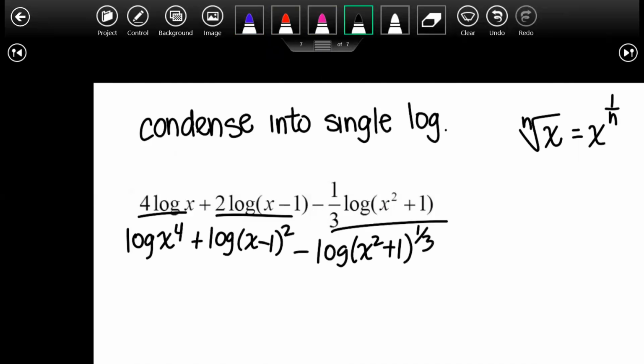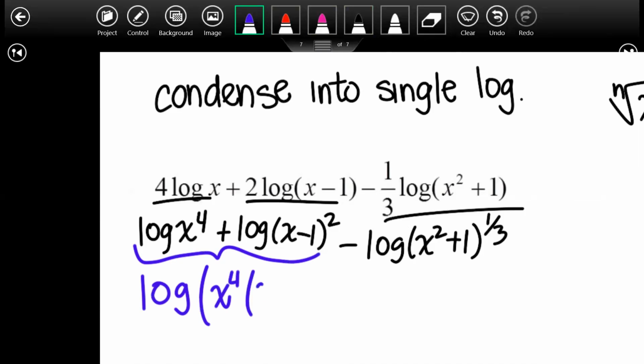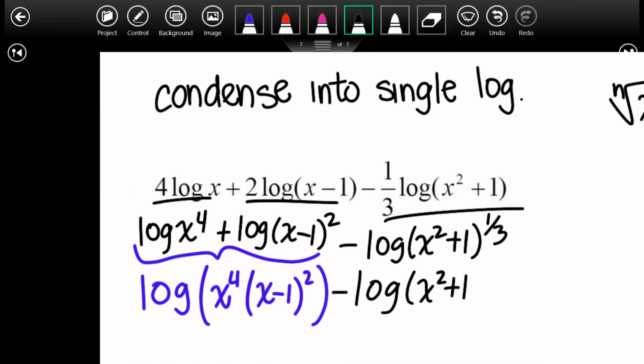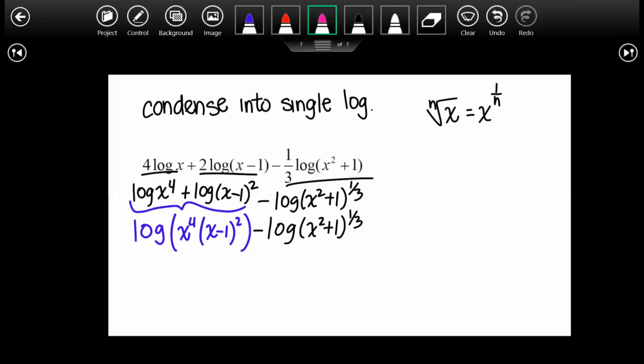The next one I'm going to do is the product property. Round these out as a single log. And then the last bit of this is using the quotient rule with our two portions.